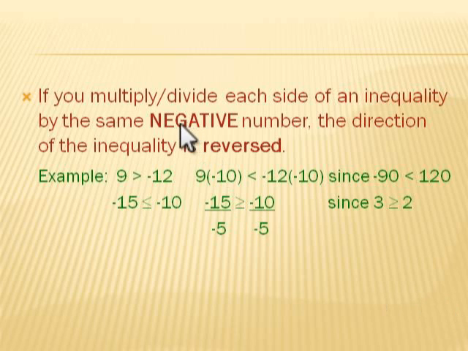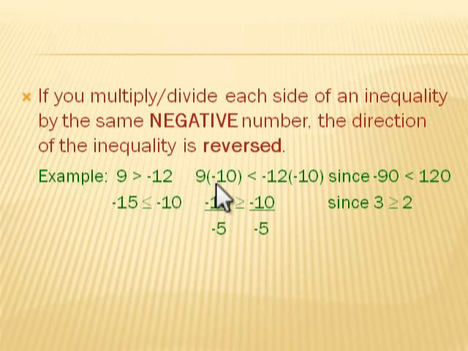If we are multiplying or dividing by a negative number, then we will have a problem, unless we simply reverse the inequality sign. So let's take a good look at this. Here's our same statement as before. 9 is greater than negative 12.